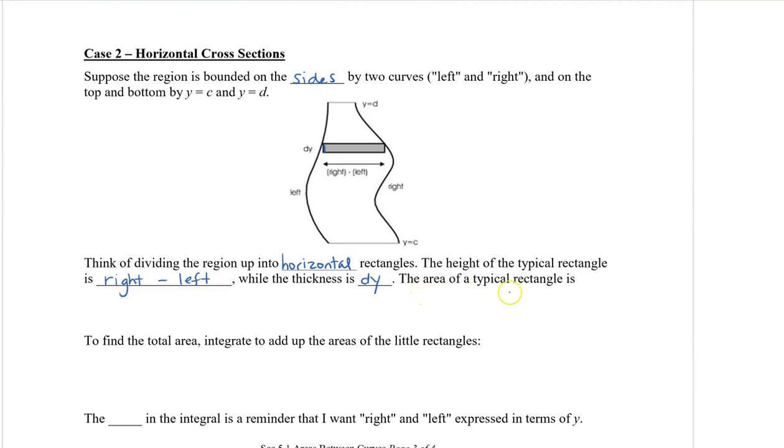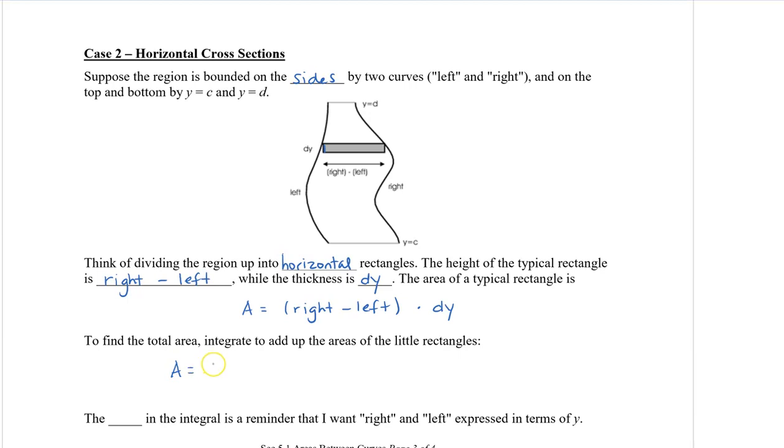So the area of a typical rectangle is going to be A equals our height, which is right minus left, times dy, which would be our width, our thickness. To find the total area, we're going to integrate so that we can add up all of the area of these little rectangles.